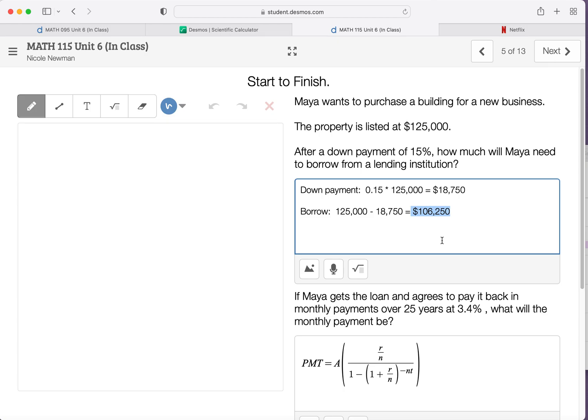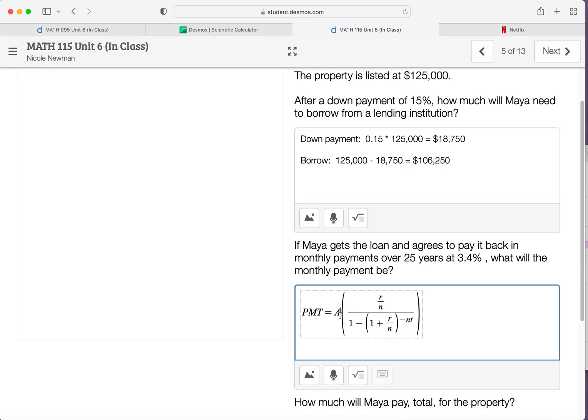And then we'd like to figure out the monthly payment for Maya's situation. The formula hanging out down here is already filled in, but I'm going to fill in, instead of the letters, the actual values. So we need a loan of $106,250. The interest rate is 3.4%, so 0.034.